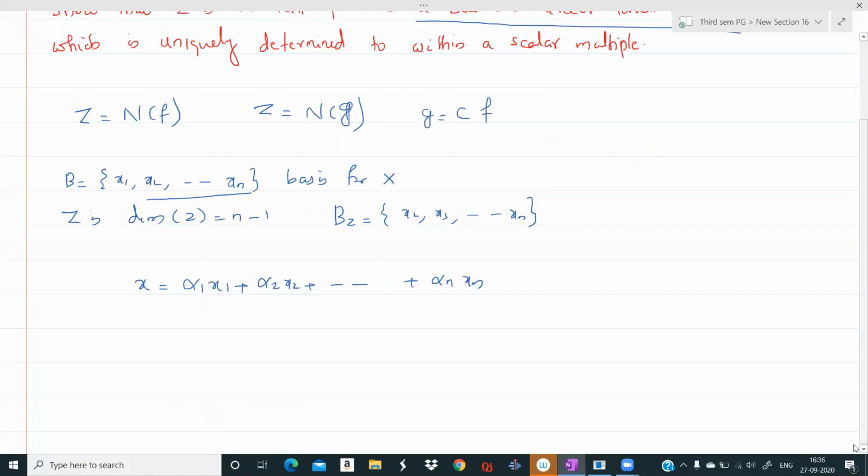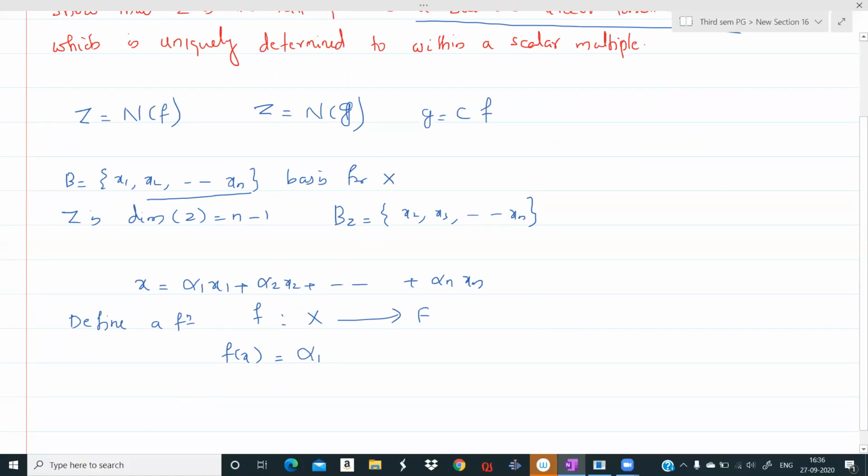Now we define a function f from X to the concerned field capital F, defined by f of x equal to: whichever x we take in capital X, it can be written like this. Then the image of x under f is alpha 1. This is the definition of f.